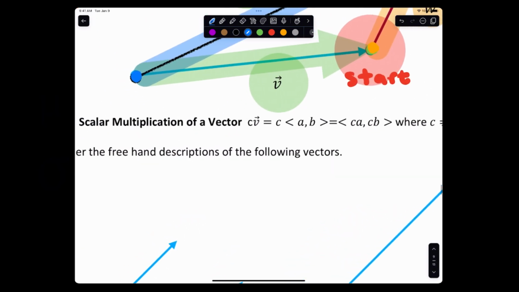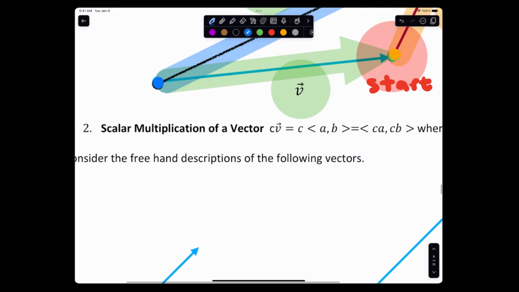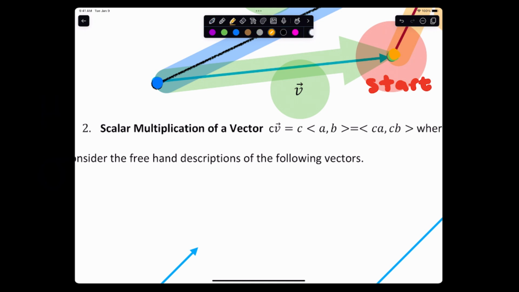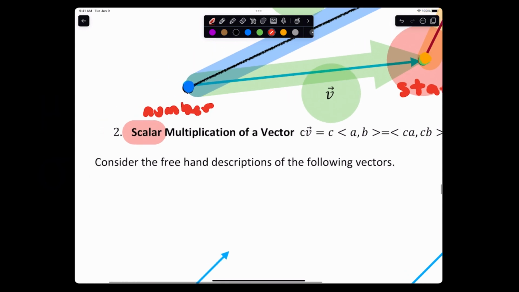You also have another form of arithmetic. What's this called? Yeah, it's called, and here's kind of what was mentioned yesterday, this idea of a scalar. Now, don't ever be afraid of the word scalar. Scalar is another way of simply saying a number. It's not a vector, a scalar.